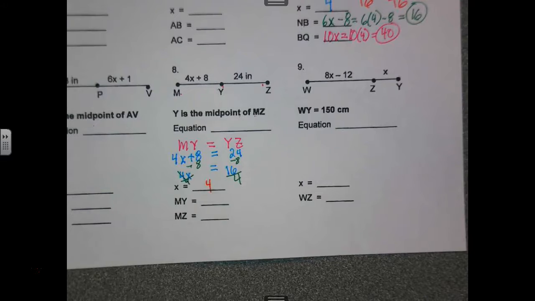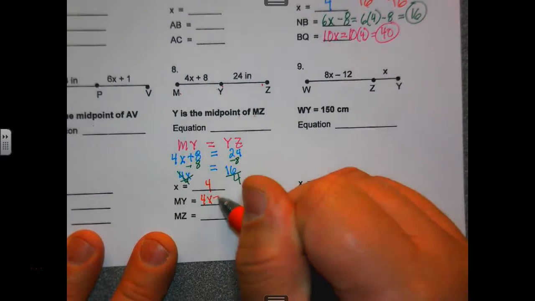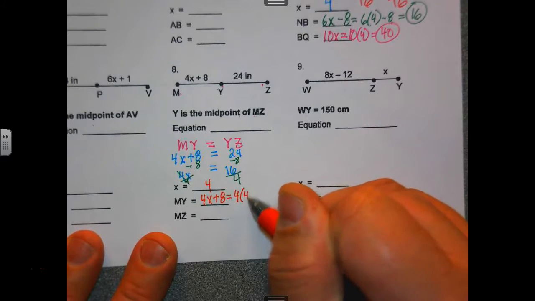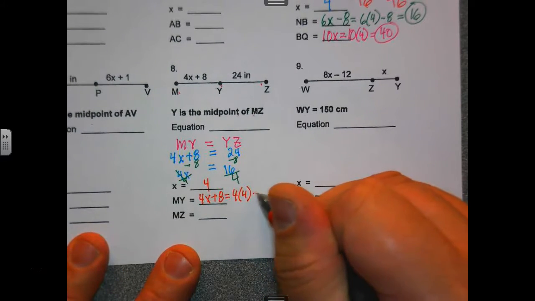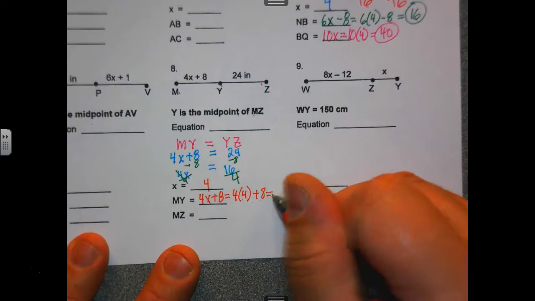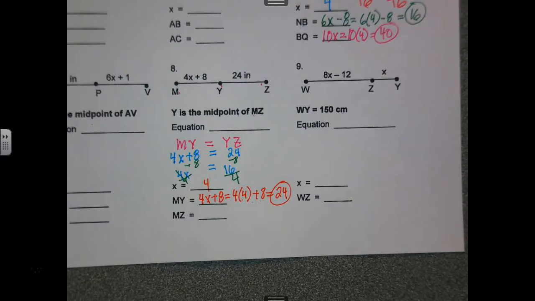Thank you. Sure took you long enough to figure that out. MY is 4x plus 8. I know that x is 4. So I'm going to substitute in 4 for x. 4 times 4 is 16 plus 8, 24. Yeah, I mean, they're equal, right?